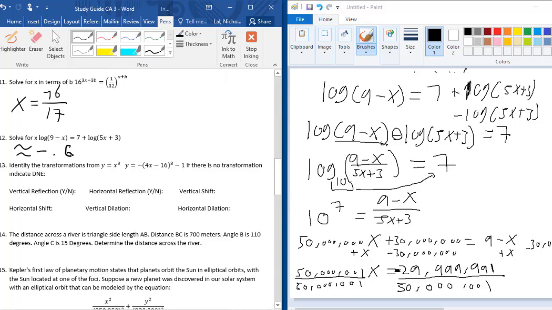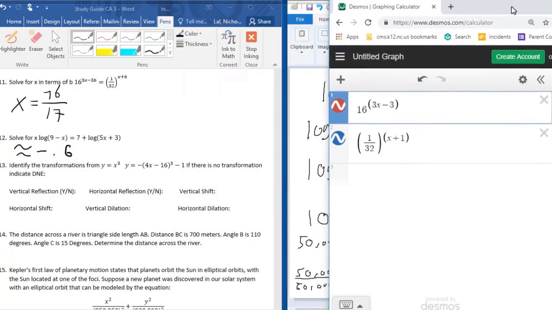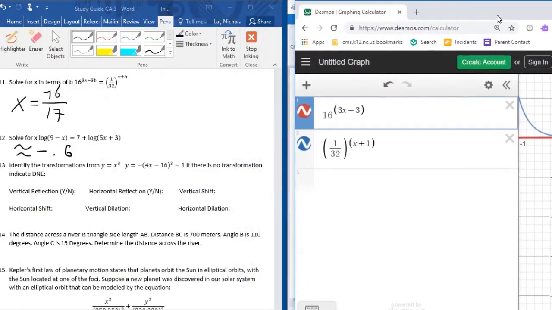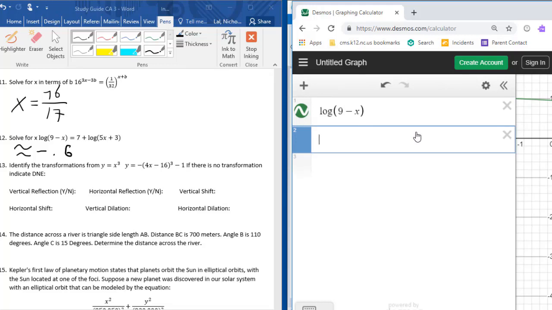Now I also wanted to show you how you do this using a graphing calculator. So here, one equation is the log of 9 minus x. The other equation is the log of 5x plus 3.